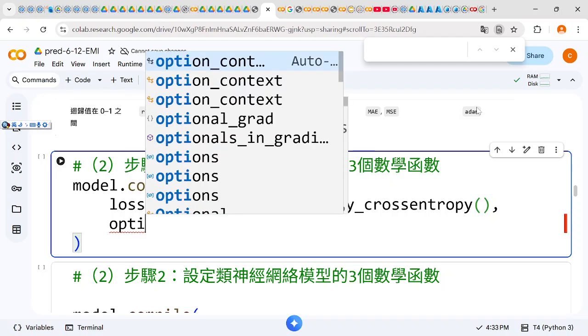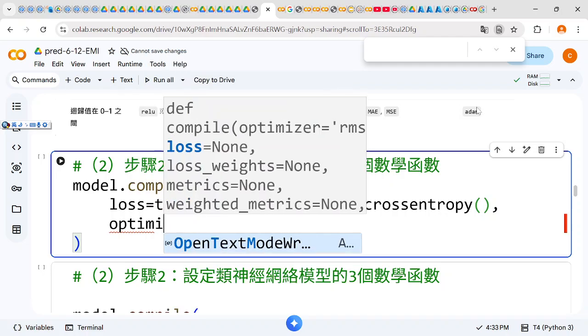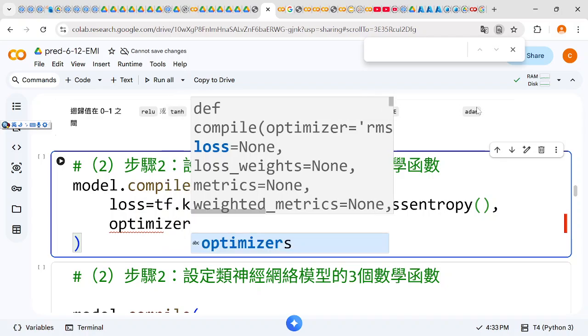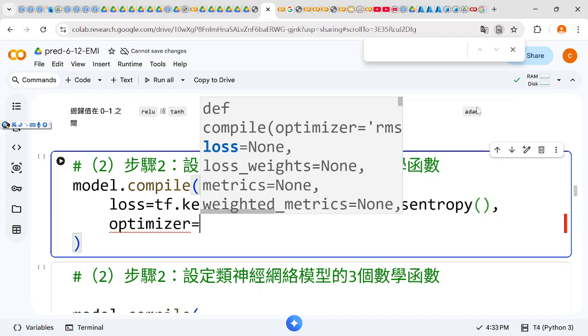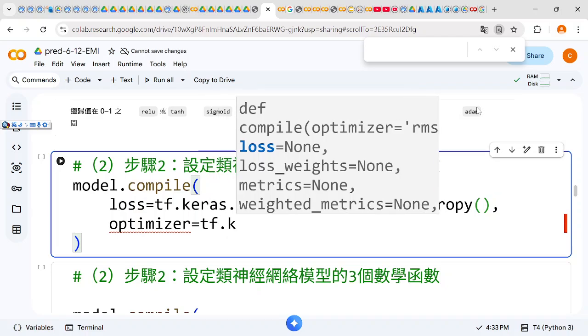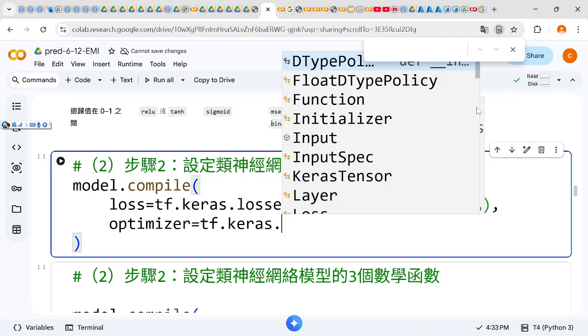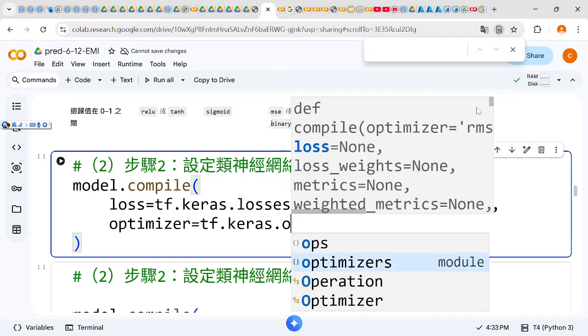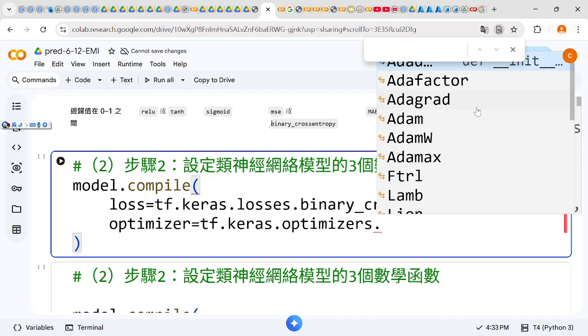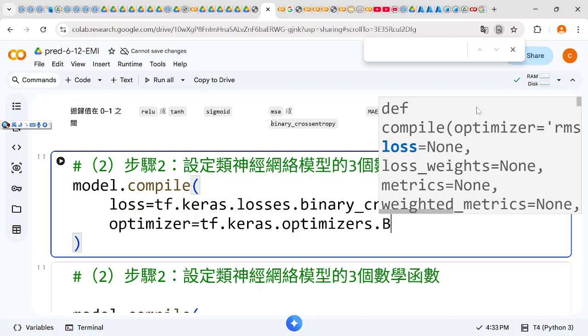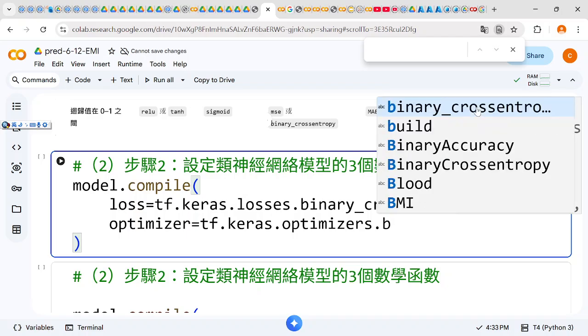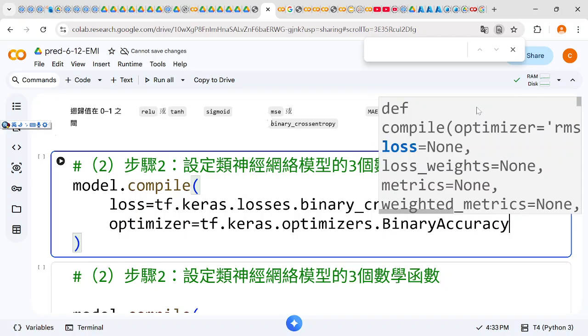Optimizer equals tensorflow keras optimizers. I find that it is binary accuracy, binary accuracy.